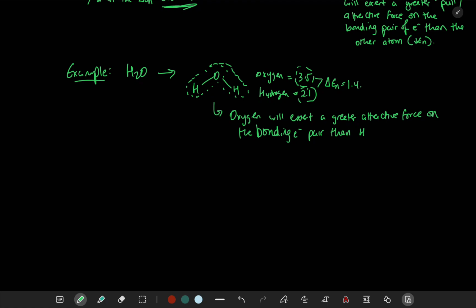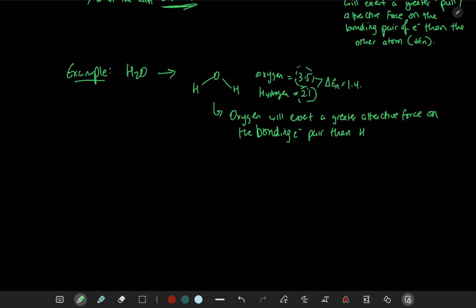And so what's the result of that? Let's just blow this up here. Let me just take this out so it's easier for you guys to see. The result in this situation is that because oxygen is pulling more of that electron density towards itself, it's going to get a slight negative charge.